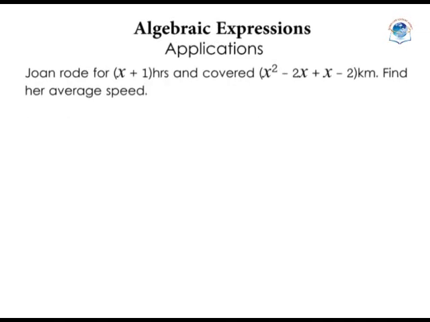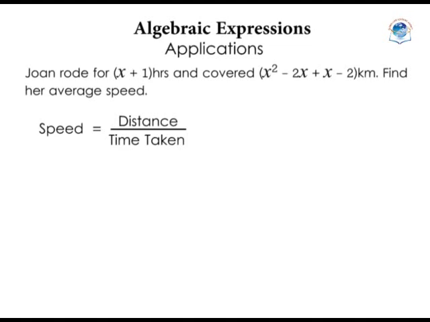Last example. Joanne rode for x plus 1 hours and covered a distance of x squared minus 2x plus x minus 2 kilometers. Find her average speed. And so speed is given by distance over time taken.